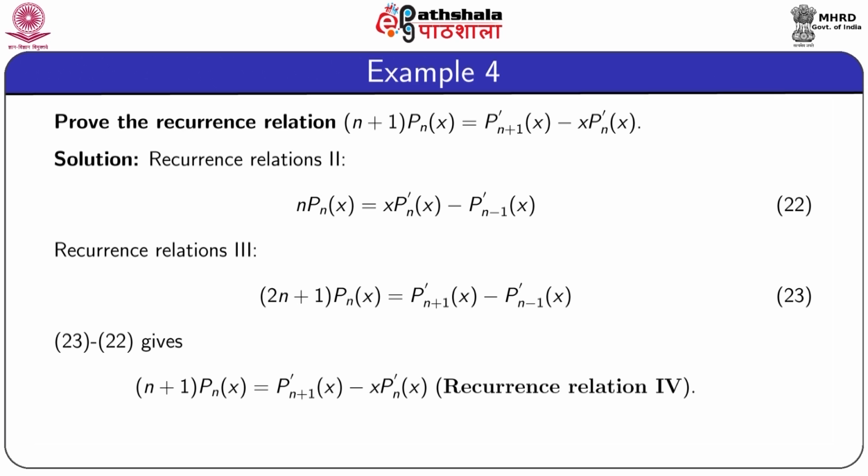Now, if we subtract equation 22 from equation 23, this is going to give recurrence relation 4, which is n plus 1 p n is equal to p dash n plus 1 minus x p dash n.